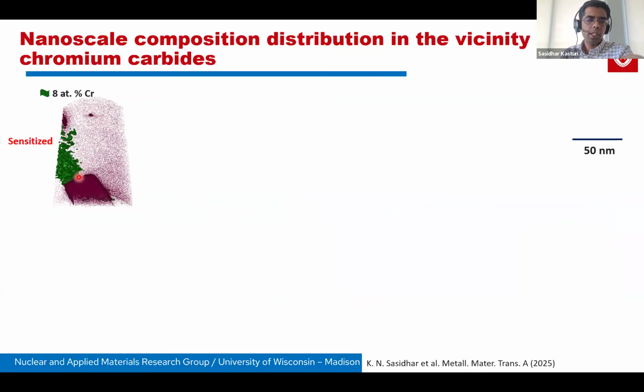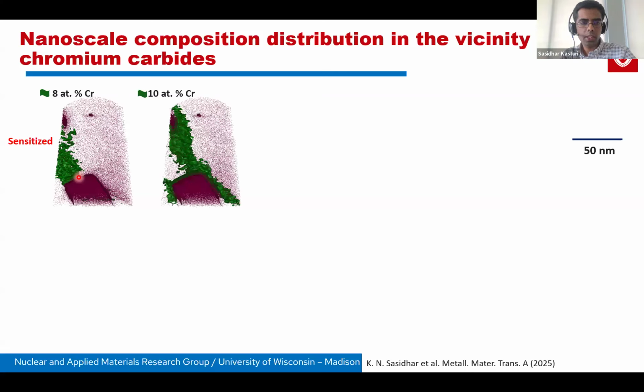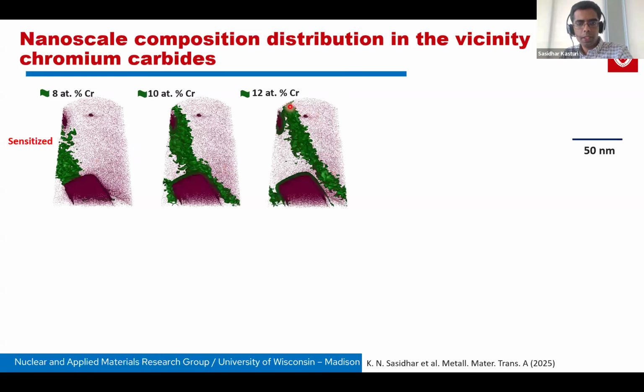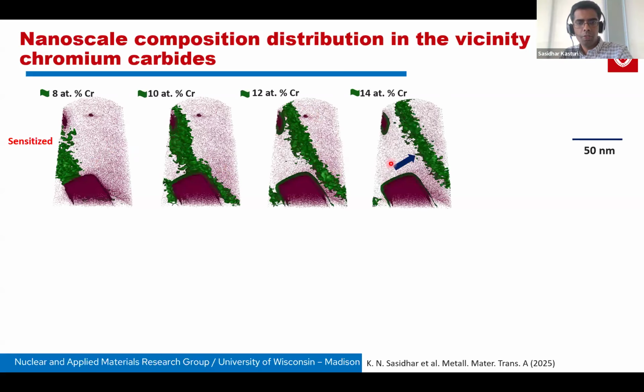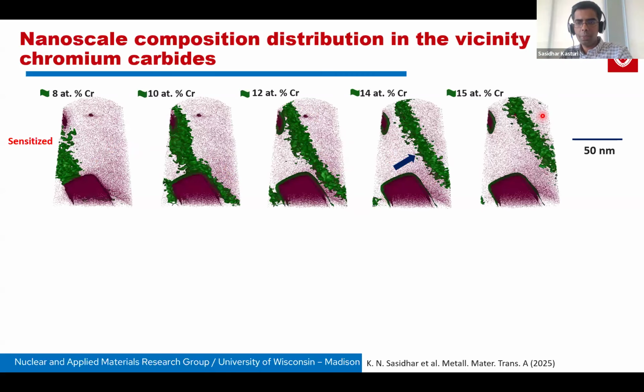Now, if you want to see where increasing amounts of chromium are, this is how it changes. So 10% is distributed like that, 12% is distributed there, 14% is distributed there, and 15% is distributed there. That gives us a three-dimensional visualization of how the chromium is distributed surrounding the carbide.